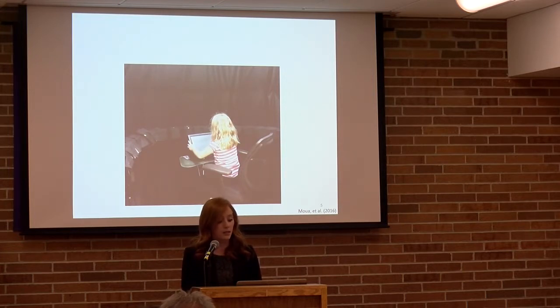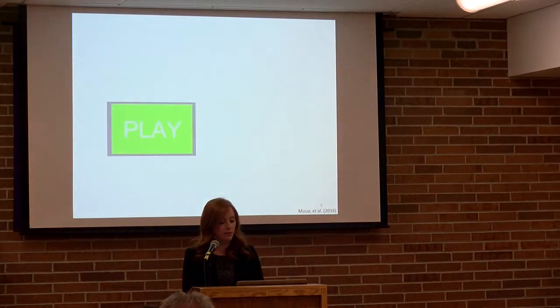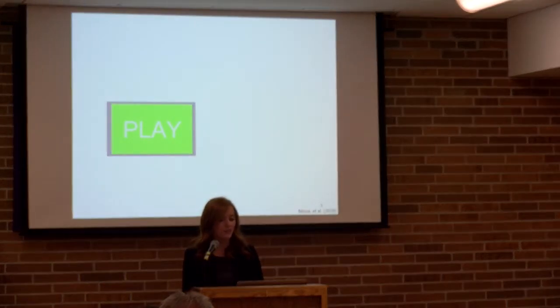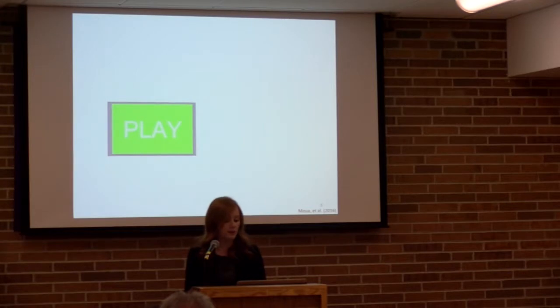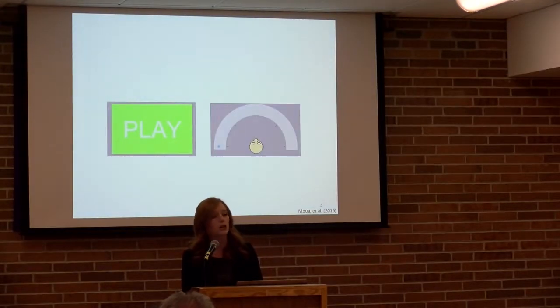In this study, both stationary and moving sounds were randomly presented. However, for this presentation, I'll only be focusing on the data from when the children localized a stationary sound source. When the child pressed the play button, a stationary sound source was presented, and they would make a response by indicating the perceived location along this arc. In this picture, the response indicated by that blue dot was at -90 degrees, or to the far left of the child.